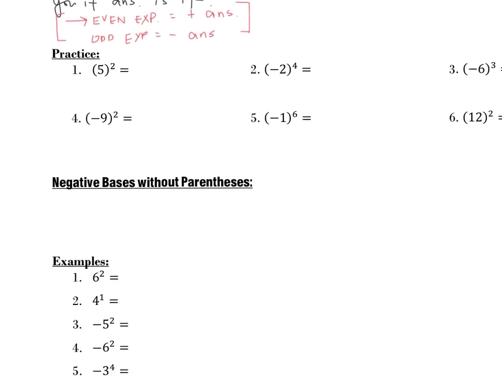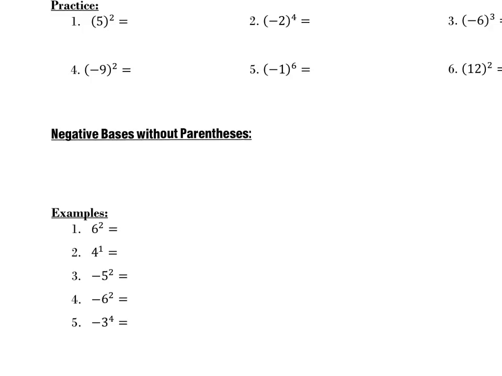Now, what if I have negative bases without parentheses? If I have negative bases without parentheses, my life is going to be a little different. Your answer is whatever your base is.